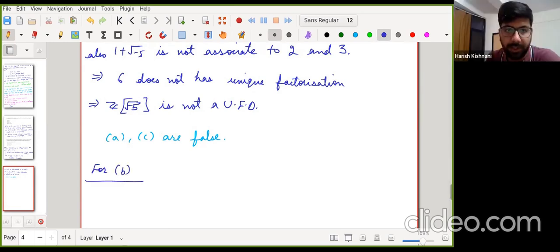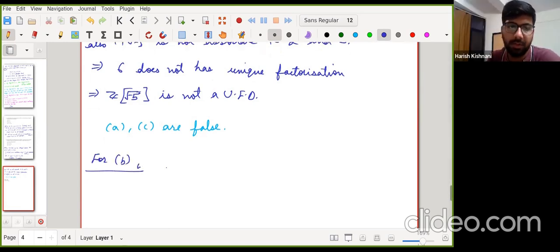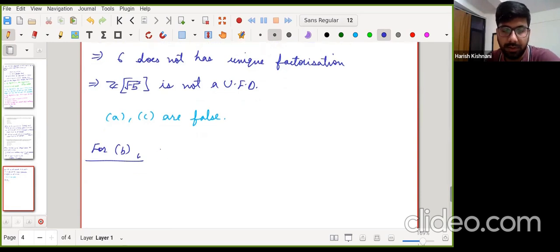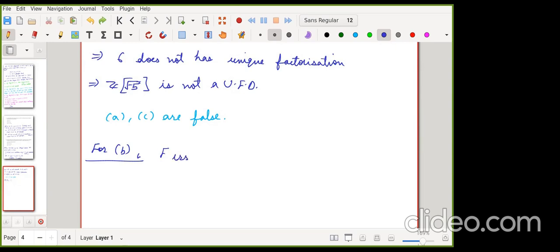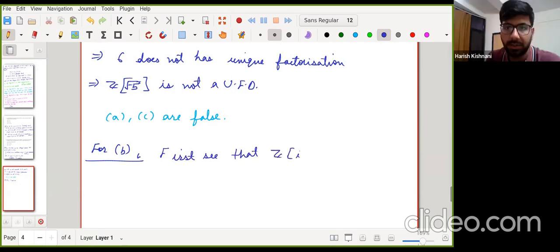So for the B part, you just need to check this is in fact a PID.